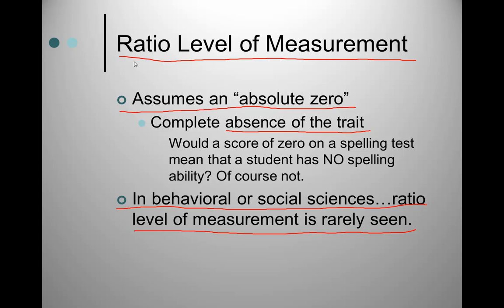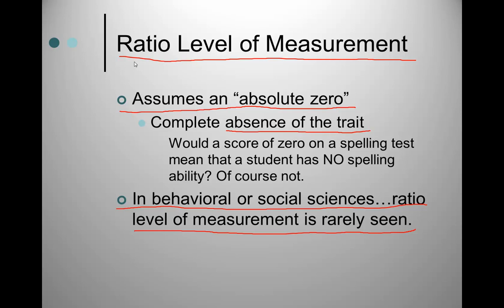Ratio level measurement assumes that there is a zero level, where you have absolutely no ability there, for lack of a better term.